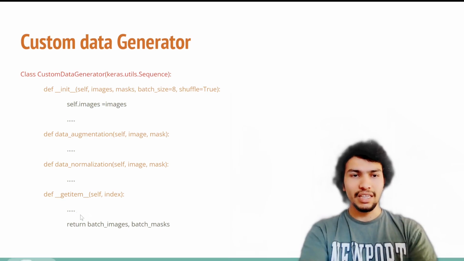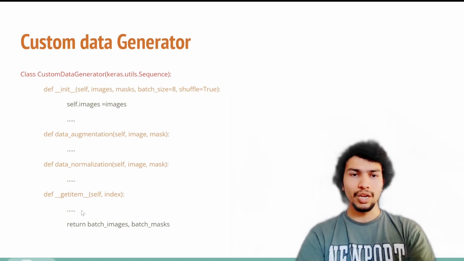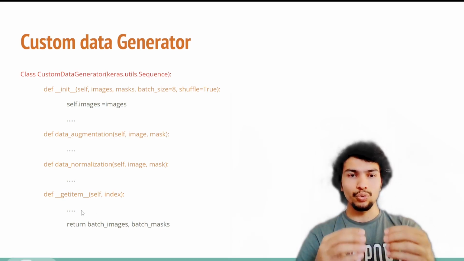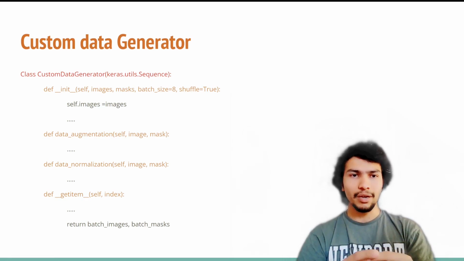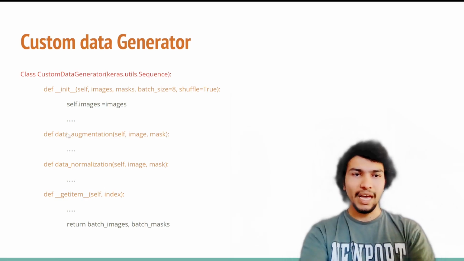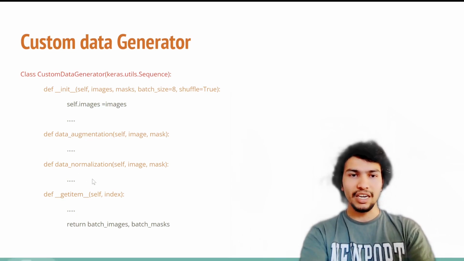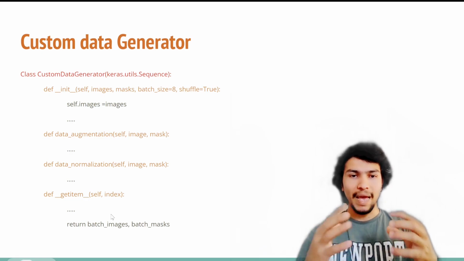So the thing is, inside this function we'll write the script to read the image and mask pair, and then we call these methods like data augmentation and data normalization inside this function, and then produce the batch.